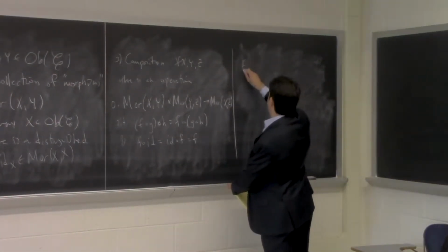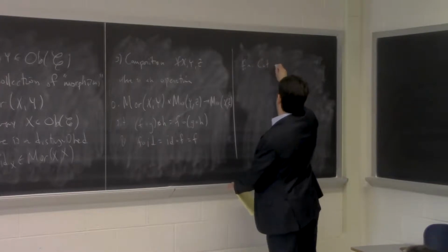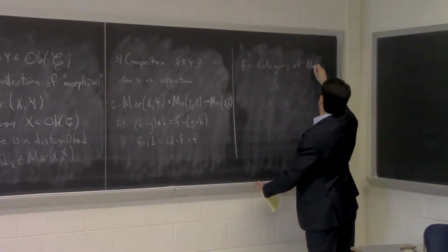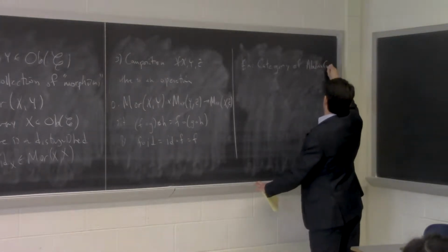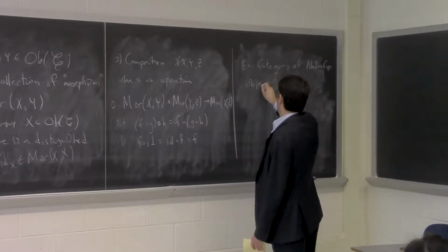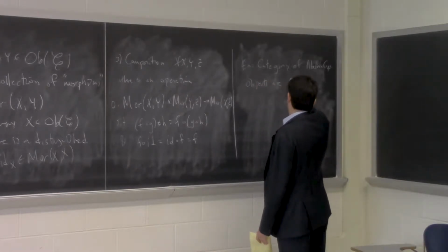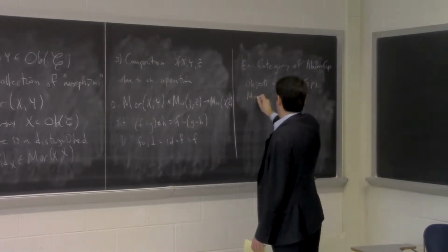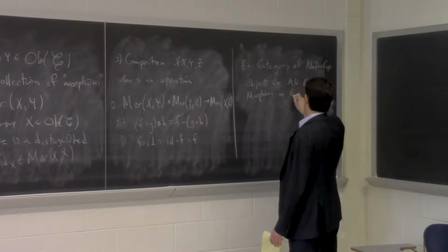So, of course, the category of abelian groups: objects are abelian groups, and morphisms are group homomorphisms.